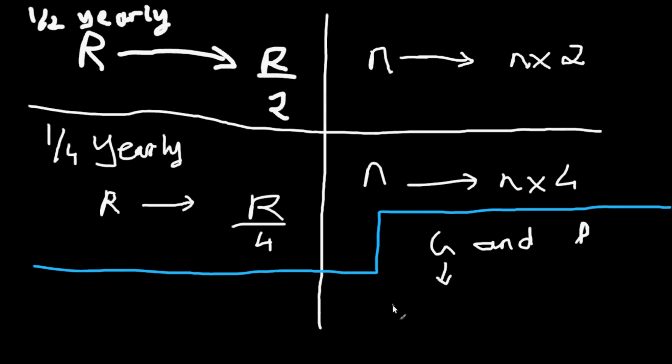So if you take that formula, the compound interest formula, A is equal to P 1 plus R by 100 to the power n, you can see that amount is what you get at the end, P is what you start with, R is the rate of growth, and n is the time period of the number of terms.